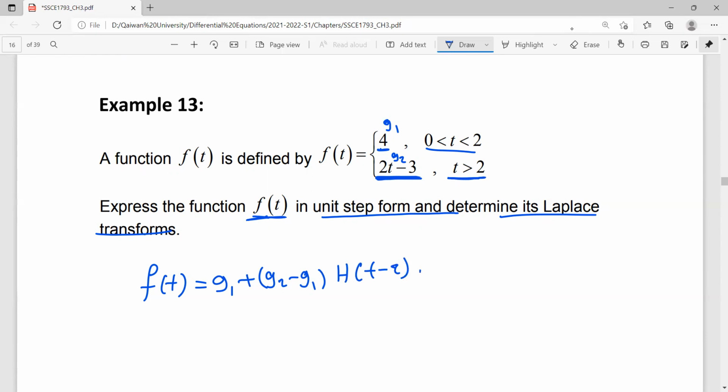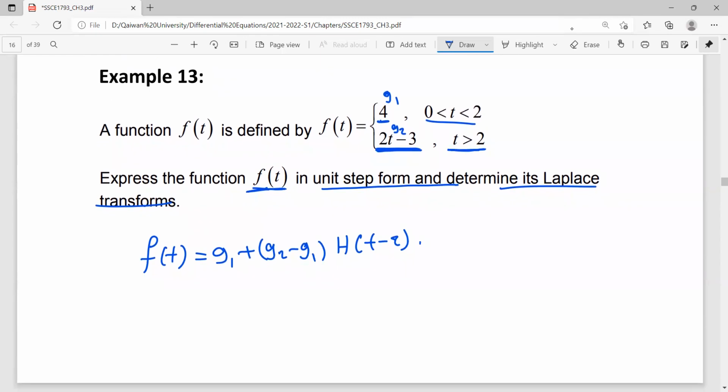We just apply the previous rule here. We have only two functions. We say it's g1 plus g2 minus g1 times h of t minus a. A here is 2. 2 is common between these two, so that's why we take 2.